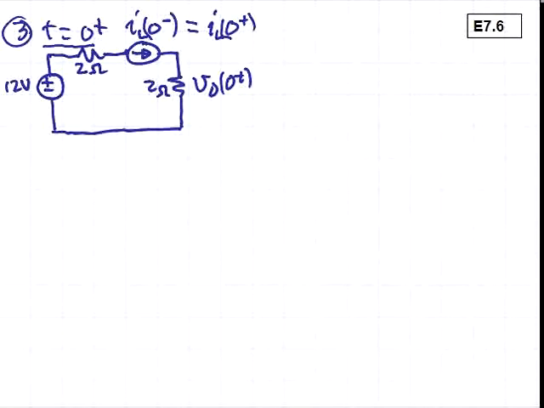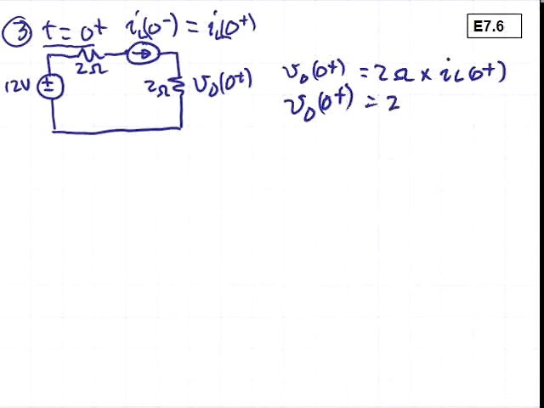And this will enable us to calculate VO at 0 plus is equal to 2 ohms times IL at 0 plus, or 2 times 4/3 amp, or VO at 0 plus is equal to 8/3 volt, probably a quantity which we've seen already.